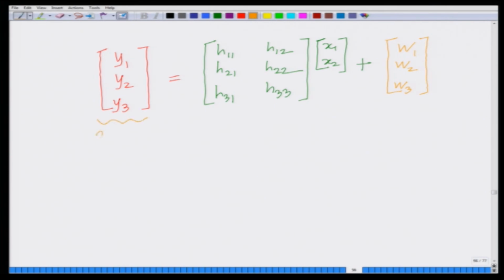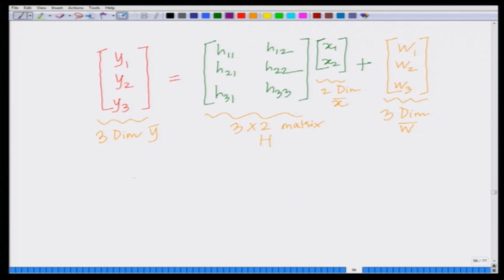So, this is my 3 dimensional received vector y bar, this is my 3 cross 2 matrix H, this is my 2 dimensional transmit vector x bar, and this is the 3 dimensional noise vector w bar.